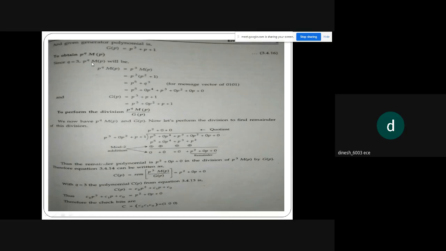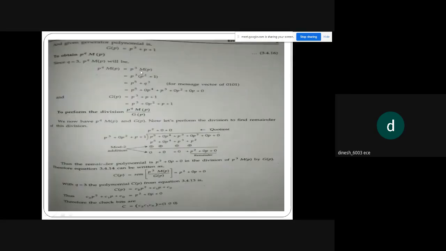So p power 3. Multiply that with the message polynomial. Our message is, we have taken example 0101. For that we had obtained p square plus 1. So p cube into p square plus 1.